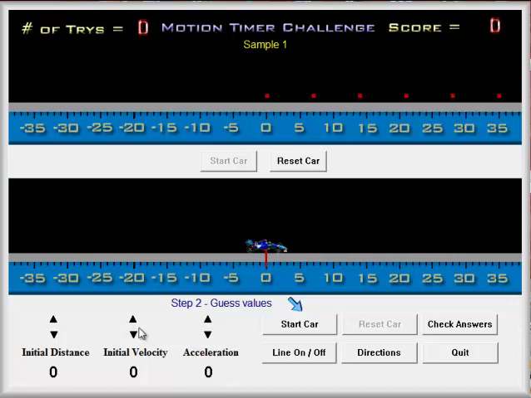So let's see, that looks about 7. So I'm going to assume that is about 7. I can start my test car, and assuming the dots are the same, then I can check my answer. Right.